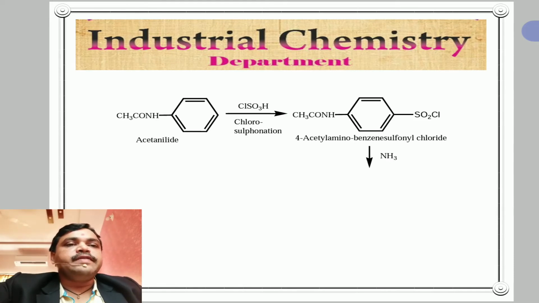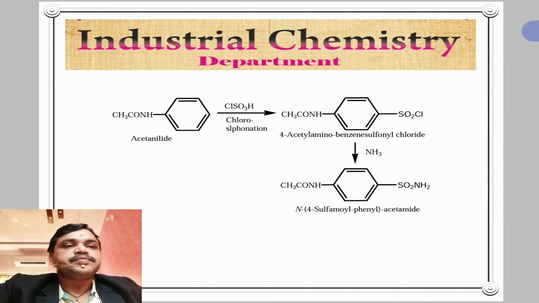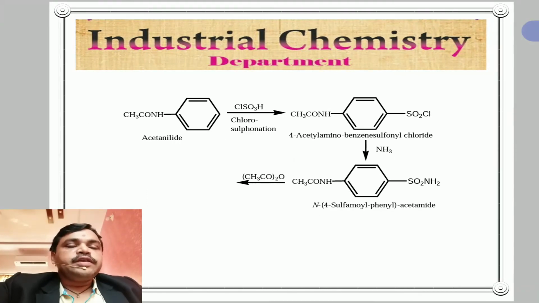Now, on amination, 4-acetylamino benzene sulfonyl chloride gives the product N4-sulfamoyl phenyl acetamide. Now this N4-sulfamoyl phenyl acetamide is treated with acetic anhydride.